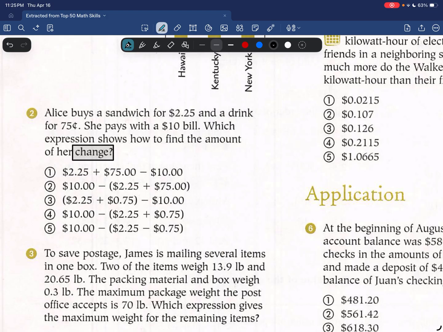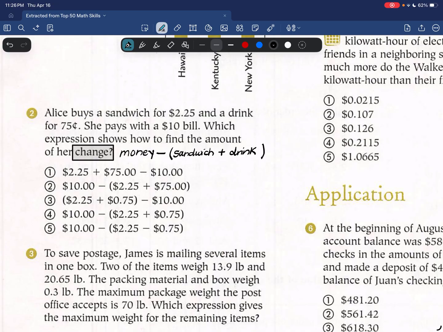I like to put these in my own terms first. So Alice has some money and she spends some and she buys 2 things. She buys a sandwich and a drink.